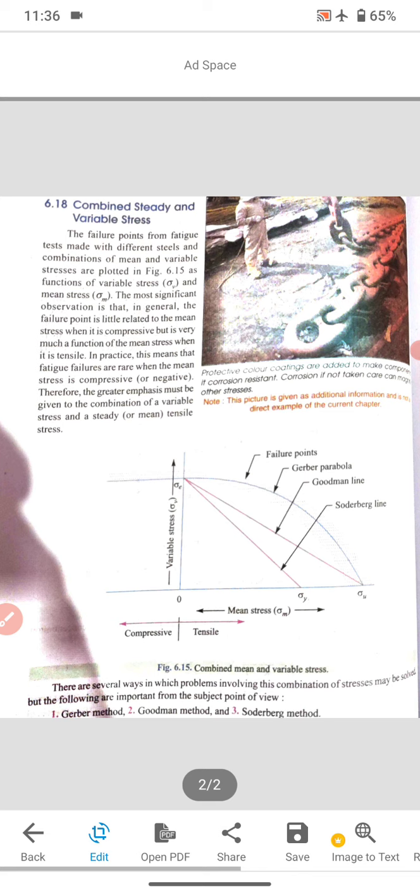We had published numerous videos in the last videos, and one of them covers the design criteria depending upon static loading, the design criteria depending upon variable loading, and the design criteria depending upon combined steady and variable loading.